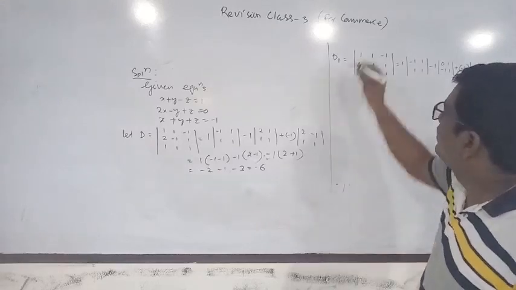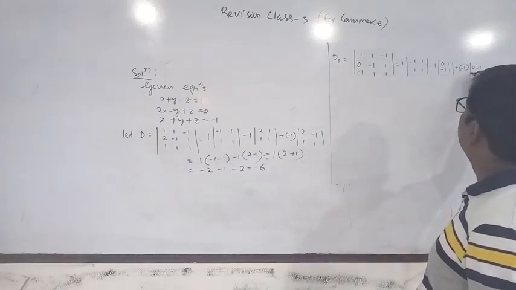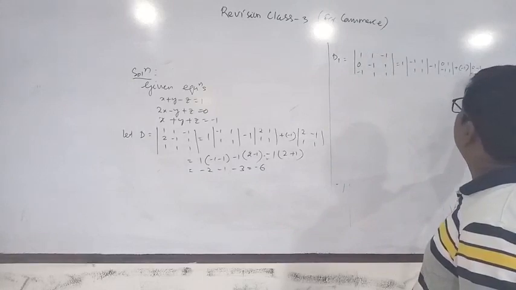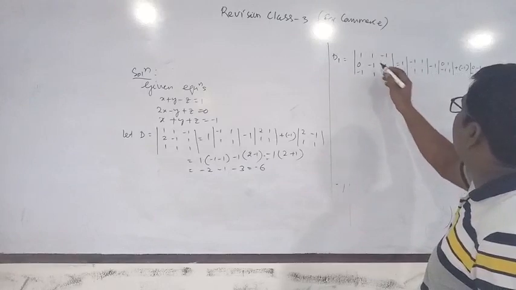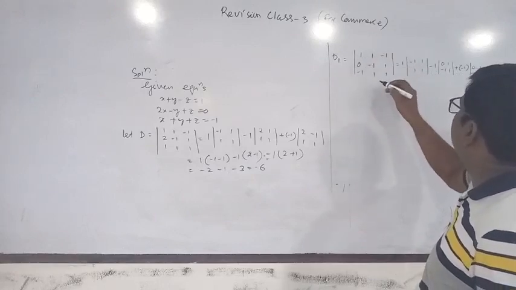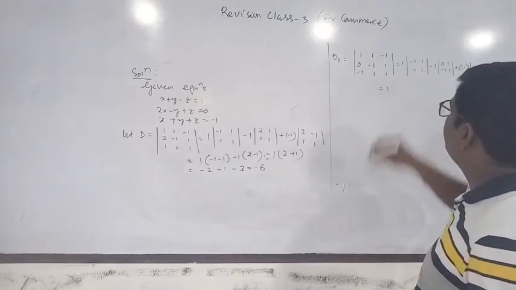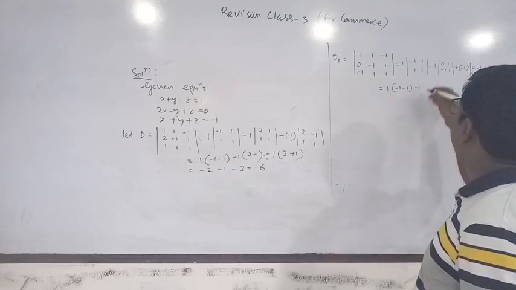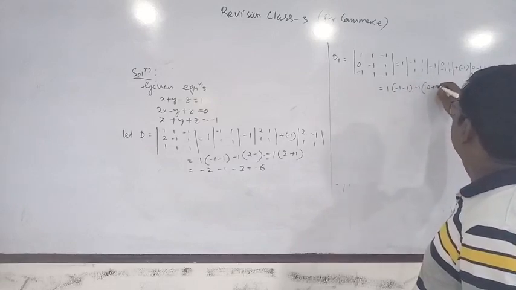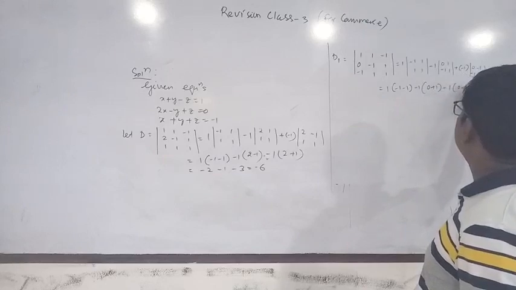So 0 minus 1 minus 1, this is for this 0 1 minus 1 1. Again this is for this 0 minus 1 minus 1 1. Find its value, that is 1 into minus 1 minus 1 minus 1 into 0 plus 1. This is plus minus minus 0 minus 1.